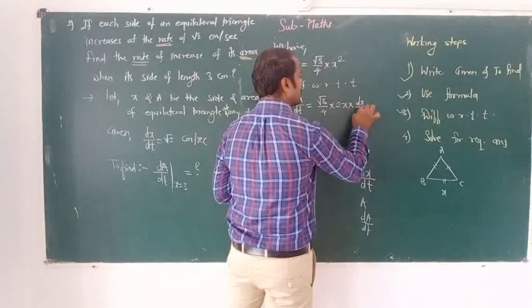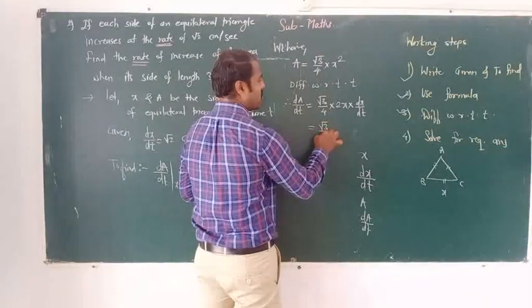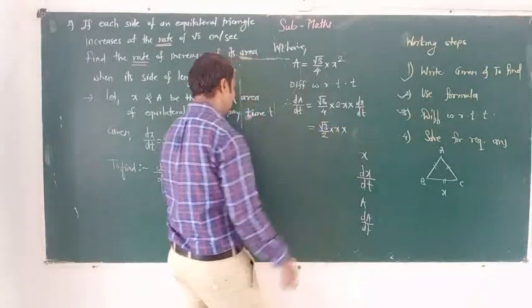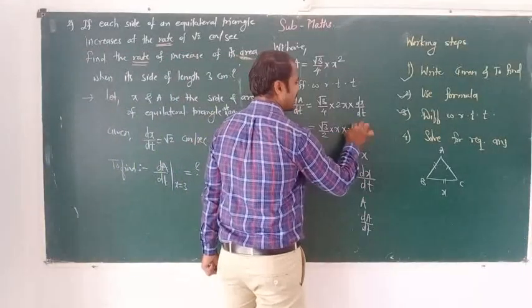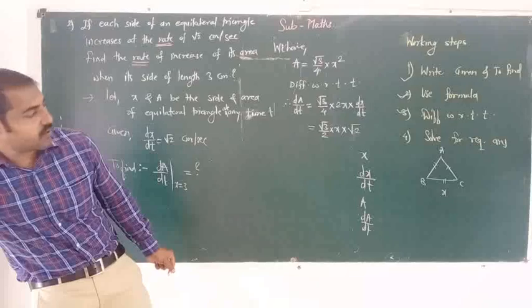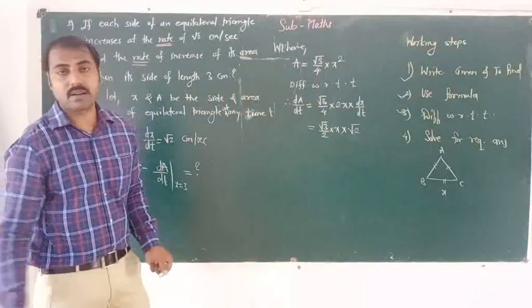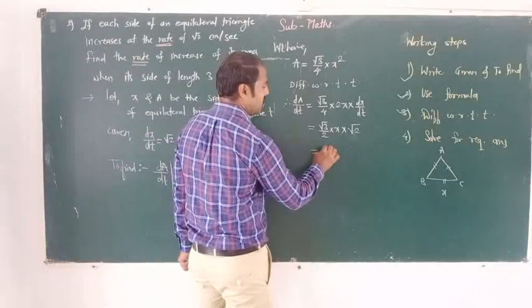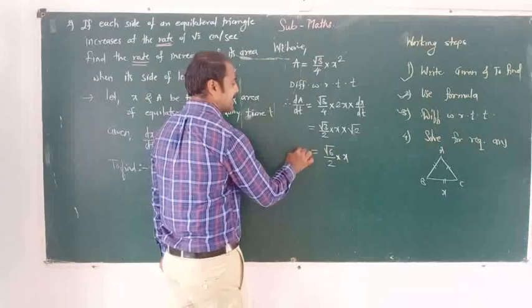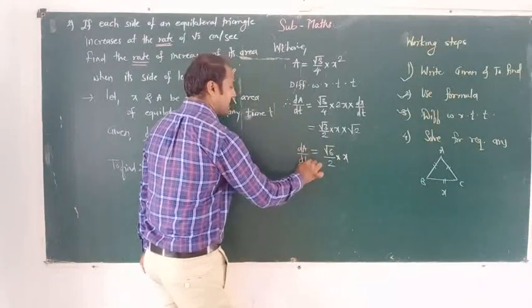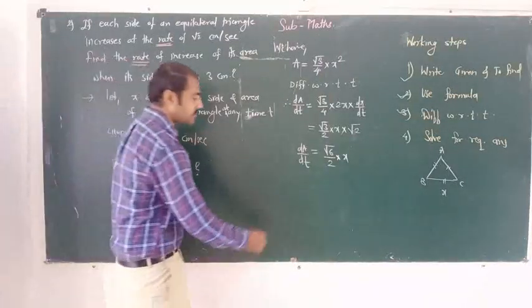Don't forget to multiply dx by dt. 2 2s are 4, so it's root 3 by 2 into x into value of dx by dt, which is root 2. Now root m into root n is root mn, so root 3 into root 2 is root 6, divided by 2 into x. It's dA by dt, but we have to find here dA by dt at x is equal to 3.